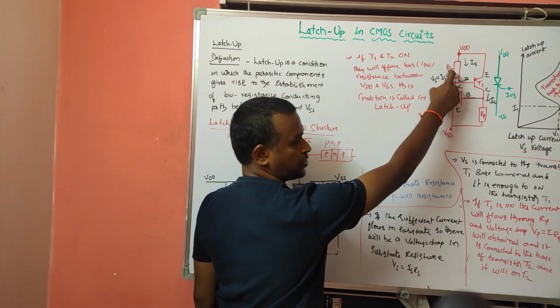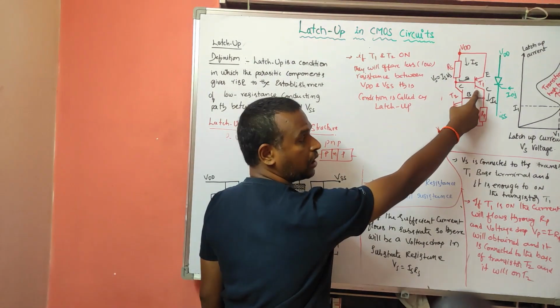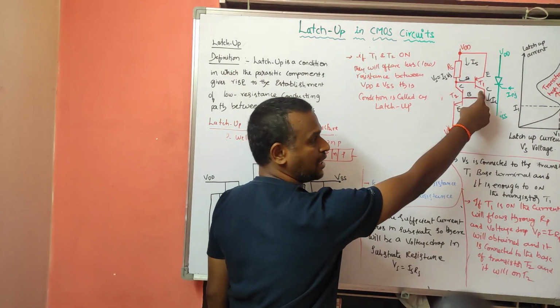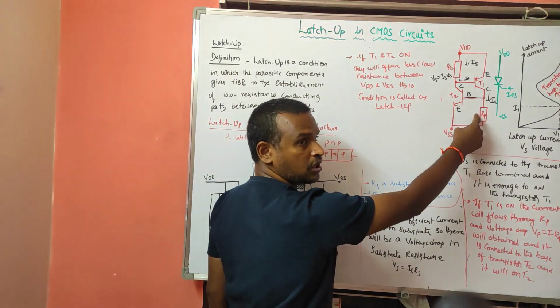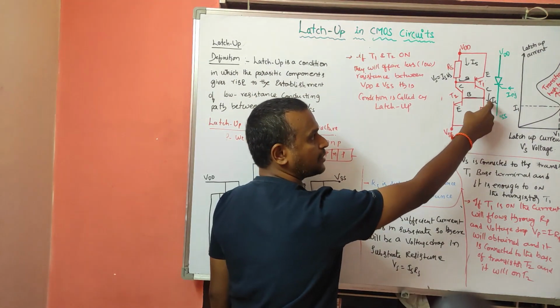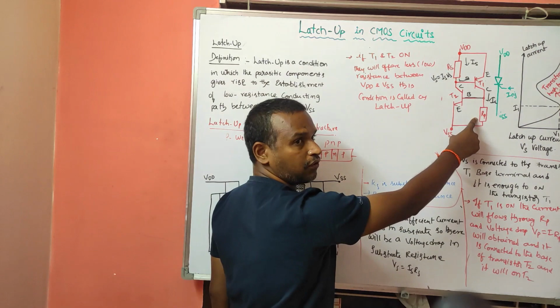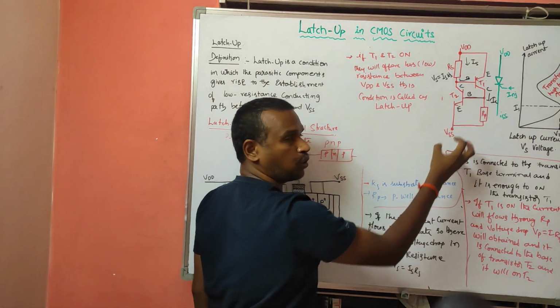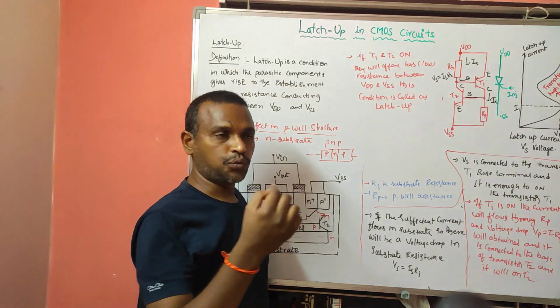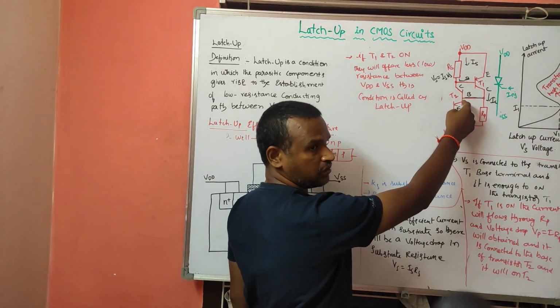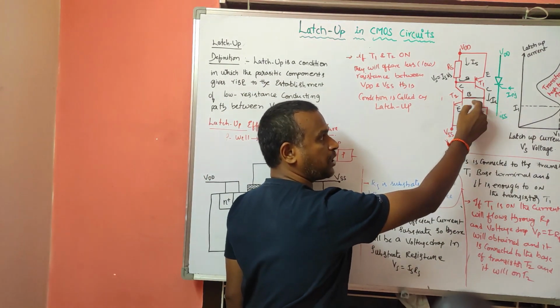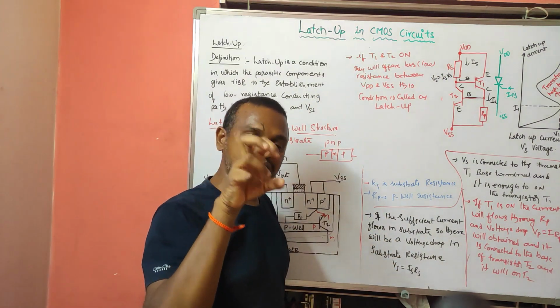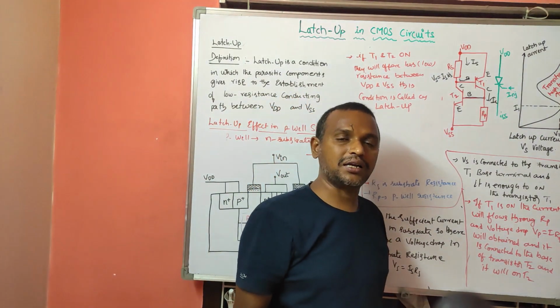Because of this voltage drop, the transistor T1 will be on. If the transistor T1 is on, more current will flow through the RP, that is the P-well resistance. Again the voltage drop will be obtained there. That voltage drop is connected to the base of the transistor T2, so the T2 transistor also goes into the on condition.